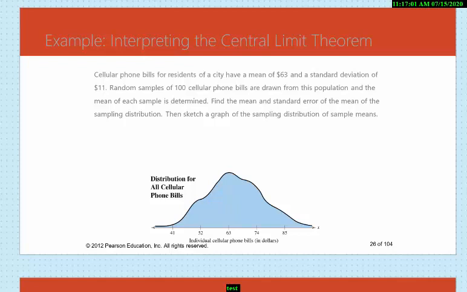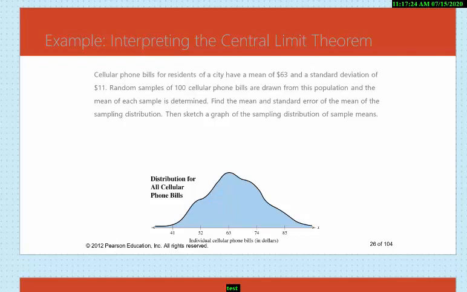What we want to do now is to find the mean and the standard error of the mean of the sampling distribution, meaning the standard deviation divided by the square root of the sample size, in order to understand my sampling distribution better.